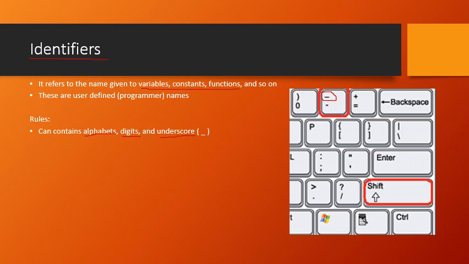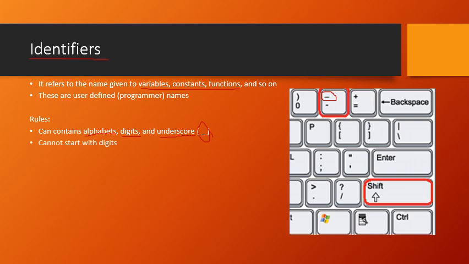If you wish to type this, you have to press the shift button and that key together in order to type the underscore. So the identifier contains alphabets, digits, and underscore. That is the first rule.